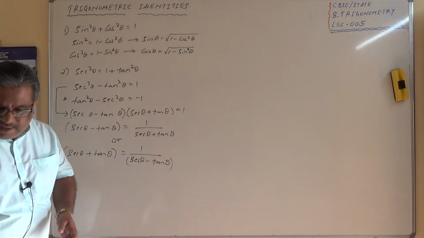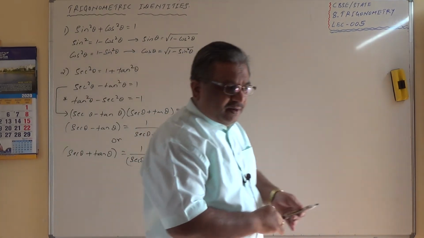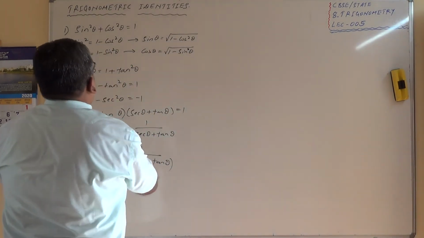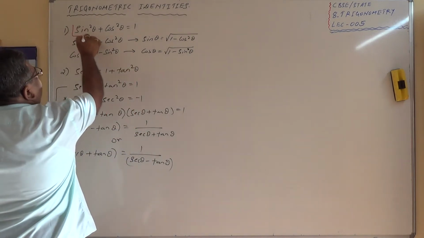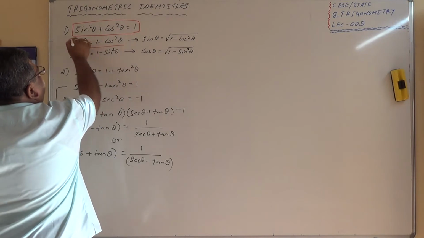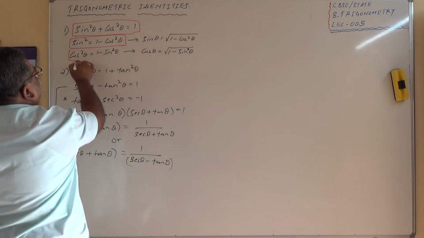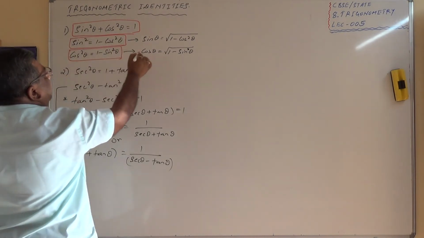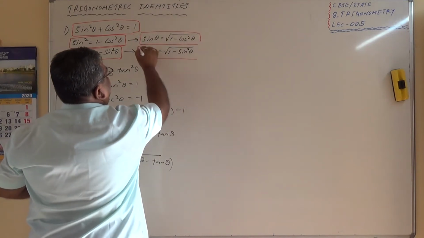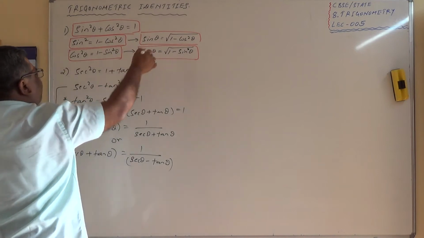The identities I will try to mark with red pen, so that those are the things to be noted down. Which are the things to be noted down? This one, first identity, second identity, this one, this one, this one. So here itself we have got 1, 2, 3, 4, 5.